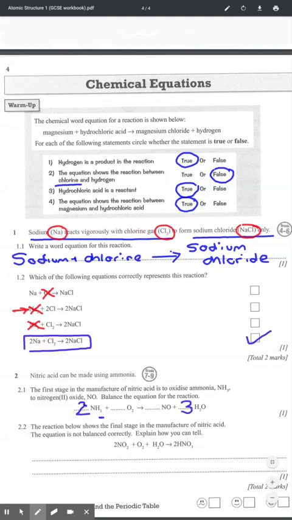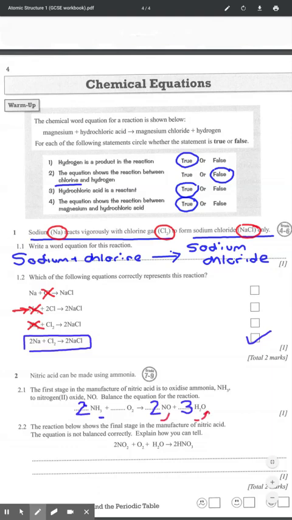On the left-hand side, we'd introduce 2 ammonias, which has 2 nitrogens in it, so we have to double up the number of nitrogen monoxides on the right-hand side, and then we need to just complete the oxygens. The right-hand side of the equation, there are 3 oxygens in 3 lots of water.